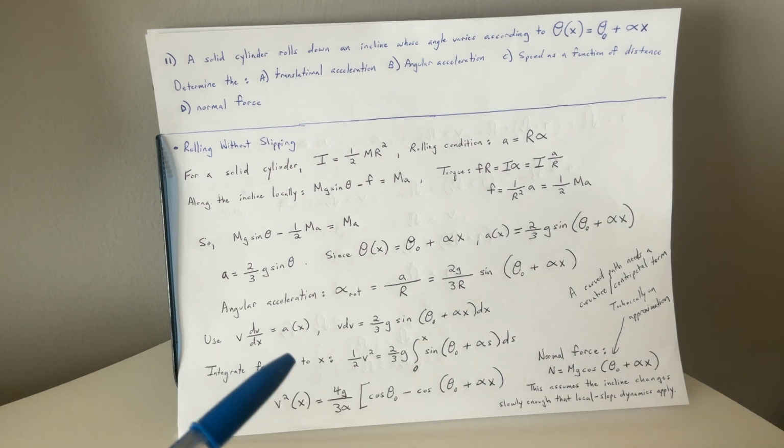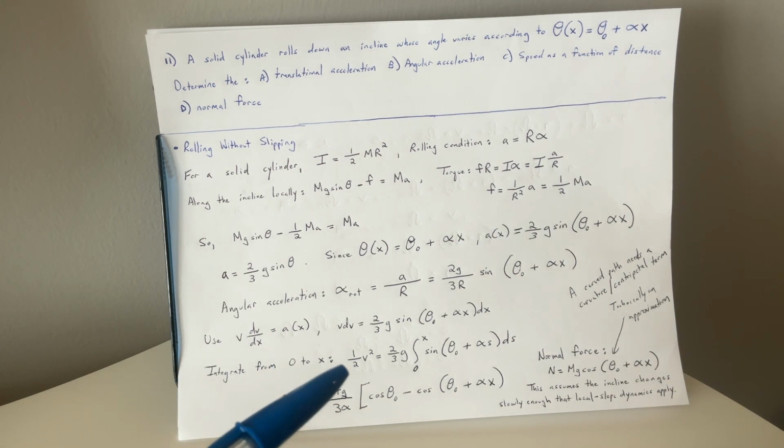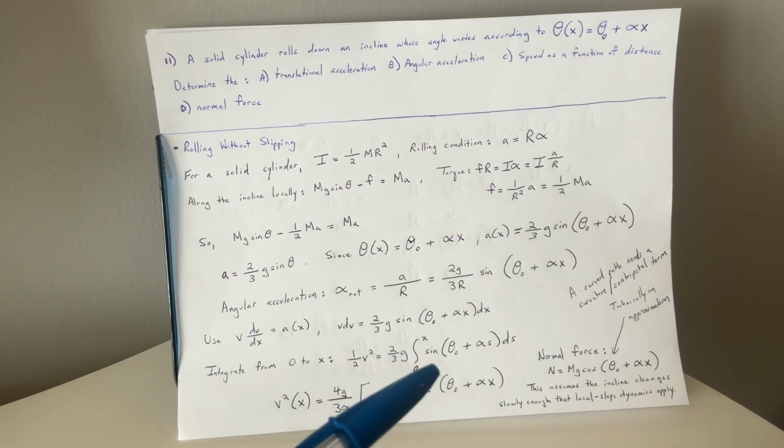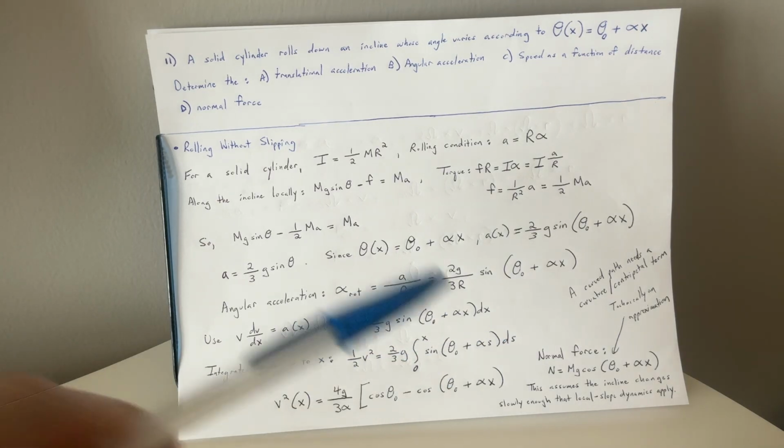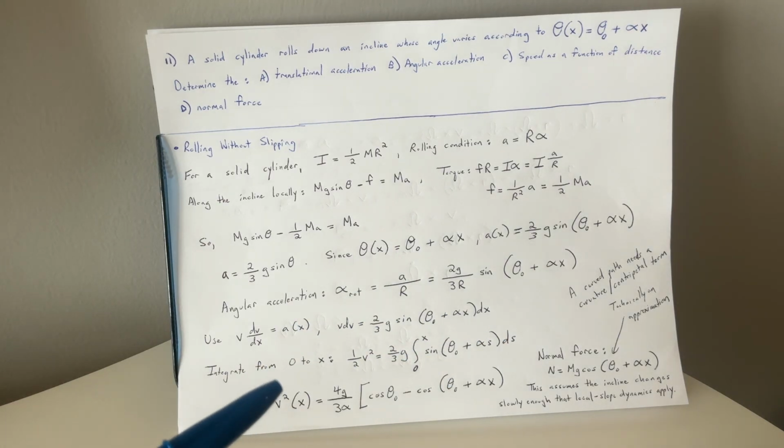If we integrate from 0 to x, 1/2 v squared equals 2/3 g times the integral from 0 to x of sine of theta naught plus alpha s ds. So v squared of x equals 4g over 3 alpha times the bracket cosine theta naught minus cosine of theta naught plus alpha x.